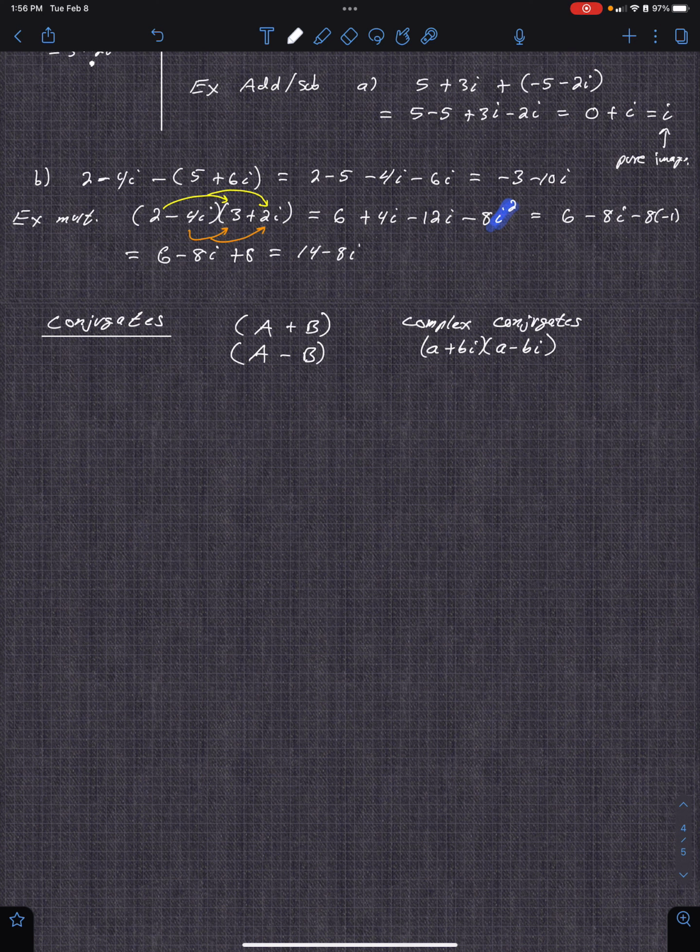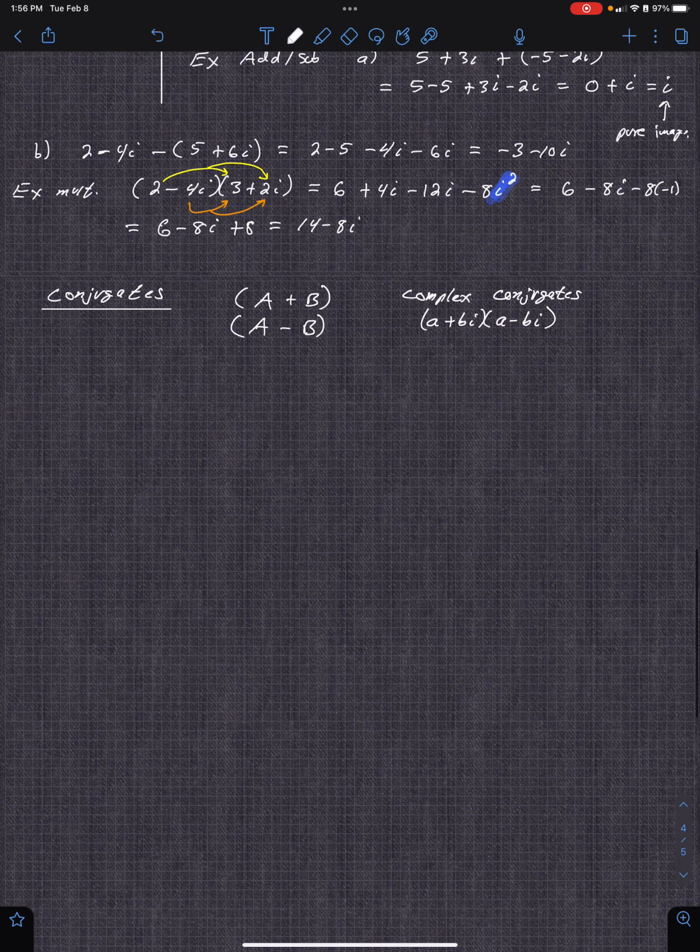So let's do an example of that. If you have 2 minus 3i, then the conjugate of that would be 2 plus 3i. So here's the deal. When you multiply complex conjugates, you always get a real number. This is going to be real. The i part disappears. So do that product, see what you get.